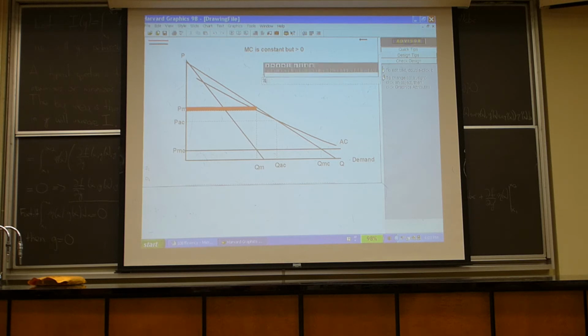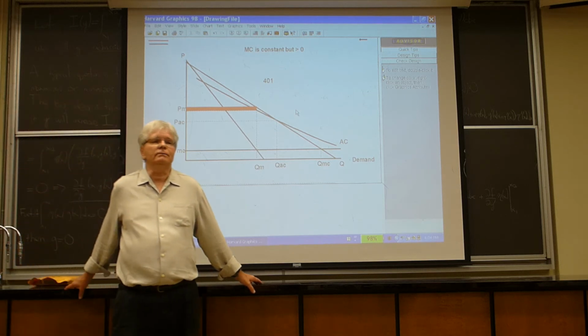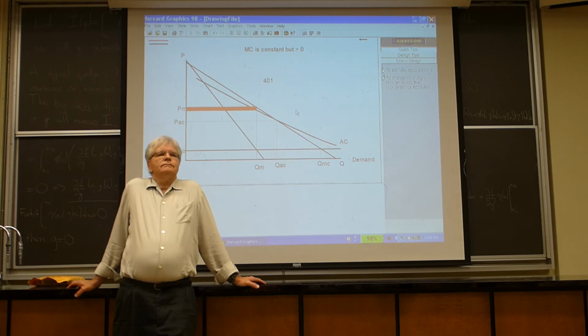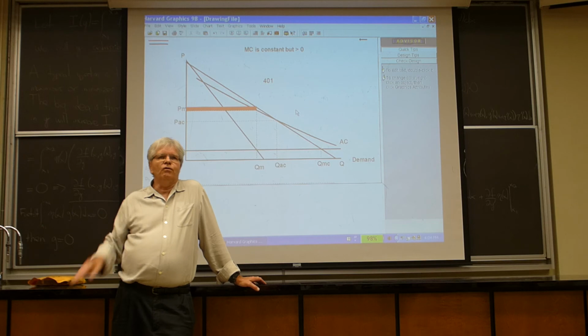On this diagram, I want you to tell me what is the number of cars who use the 401. If this was a highway and it's free, like the 401, what is the number of cars that use the highway? Can you identify them? You're on a roll, go for it.